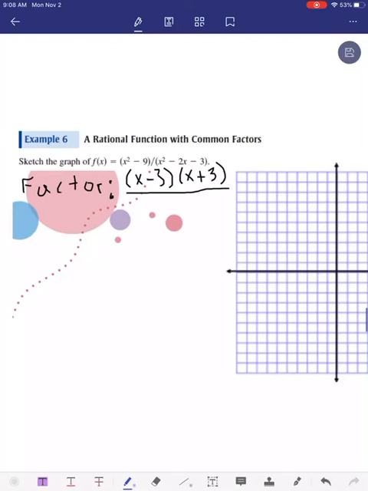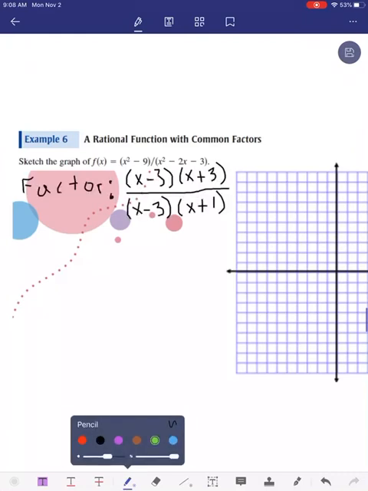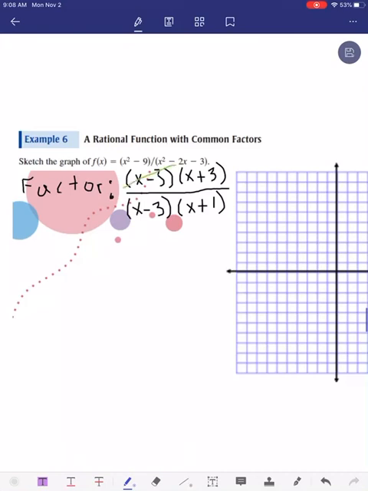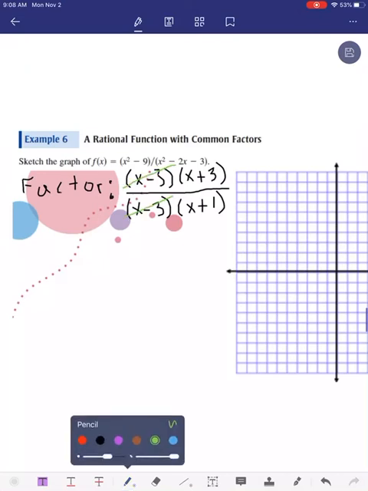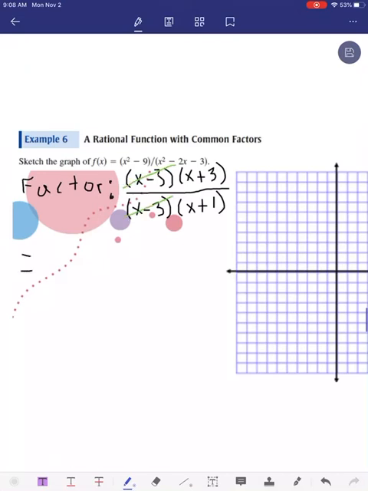Then our denominator, if I'm looking for what two numbers multiply together to give me -3 that add together to give me -2, it's going to be a -3 and a +1. So notice that we have a common factor of x minus 3. So those are going to get reduced. And so we're just left with x plus 3 divided by x plus 1.